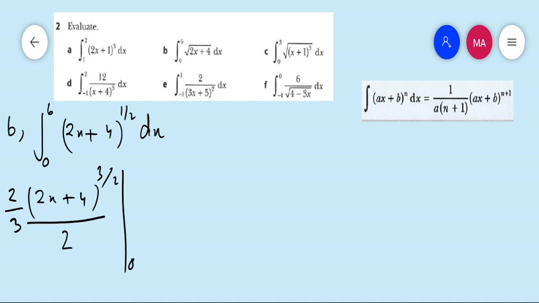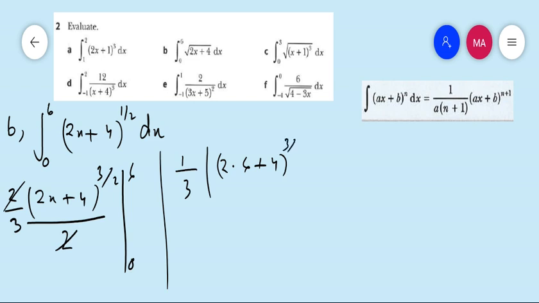And limit from 0 to 6. 2 cancel by 2. 1 upon 3 into 2x, x is 6 plus 4 power 3 upon 2 minus 2 into x, lower limit is 0, plus 4 power 3 upon 2.